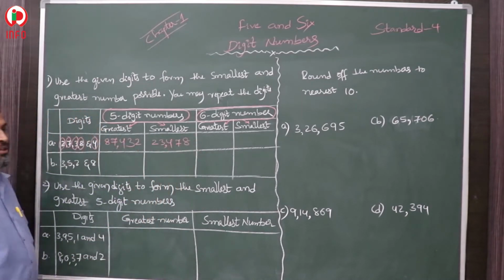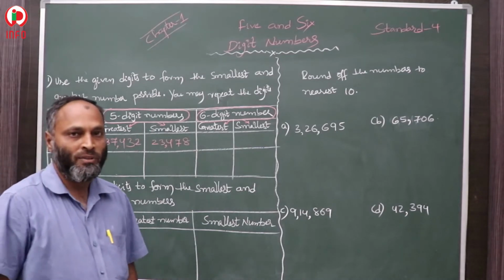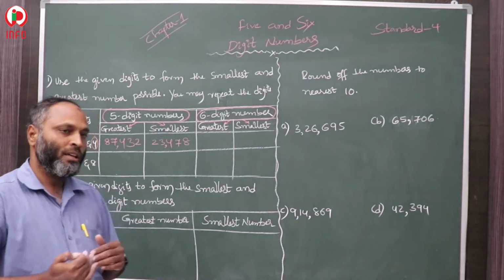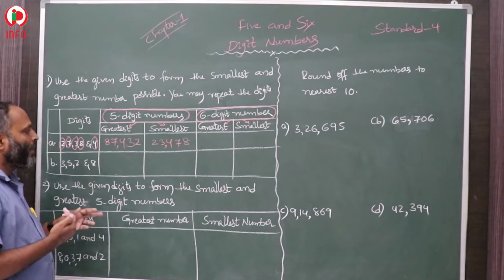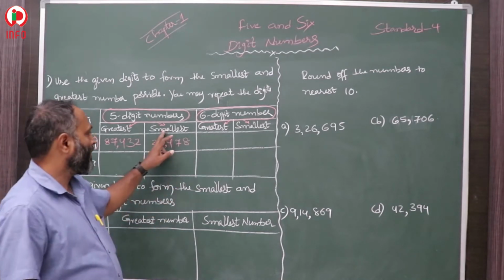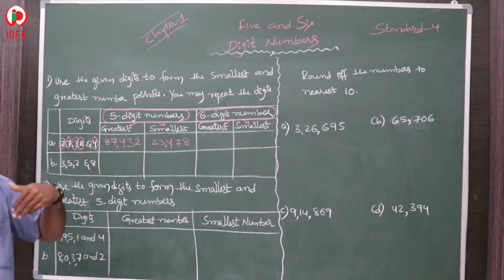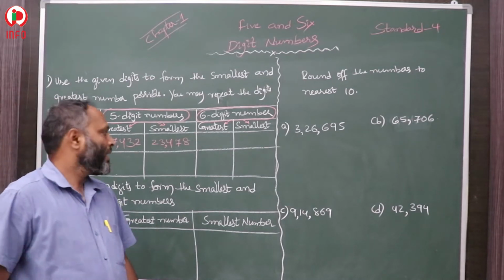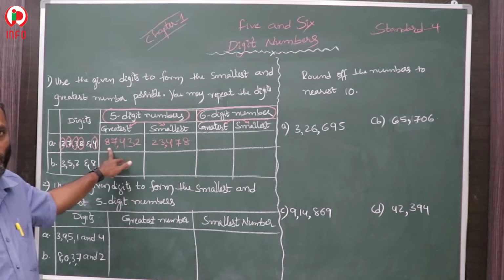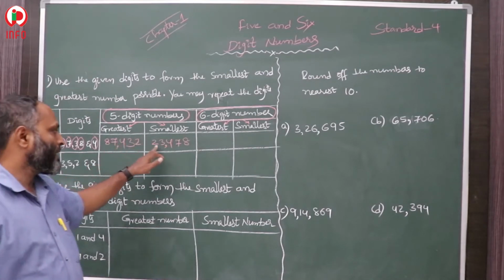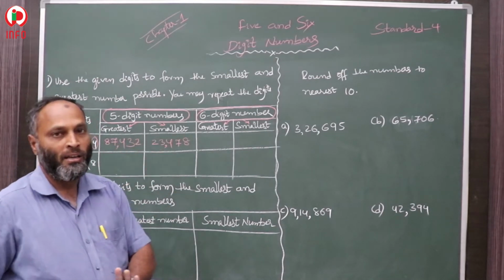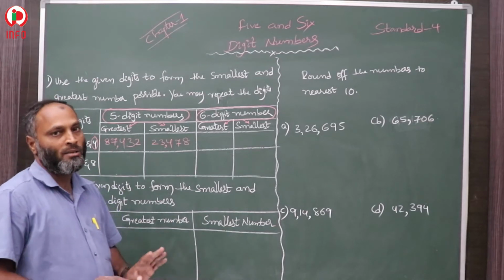This is the smallest value. For the smallest number we take the given digits in ascending order, and for the greatest number we take them in descending order. Then you will get the greatest and smallest numbers.